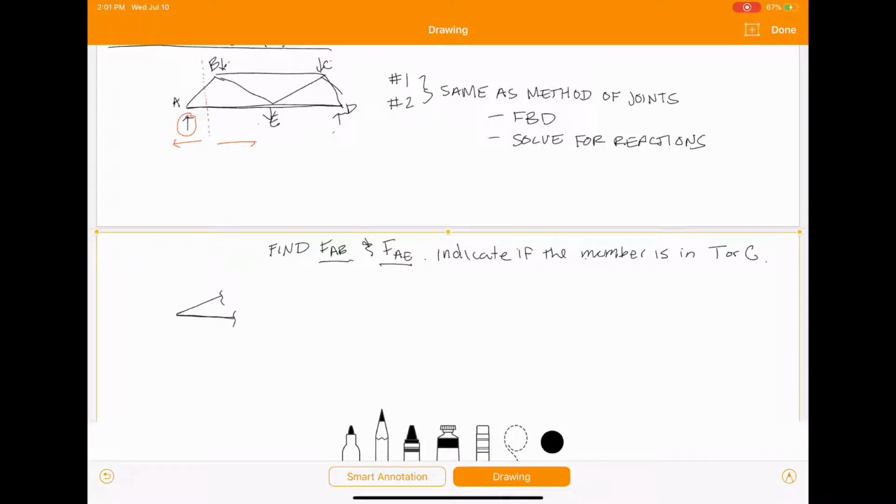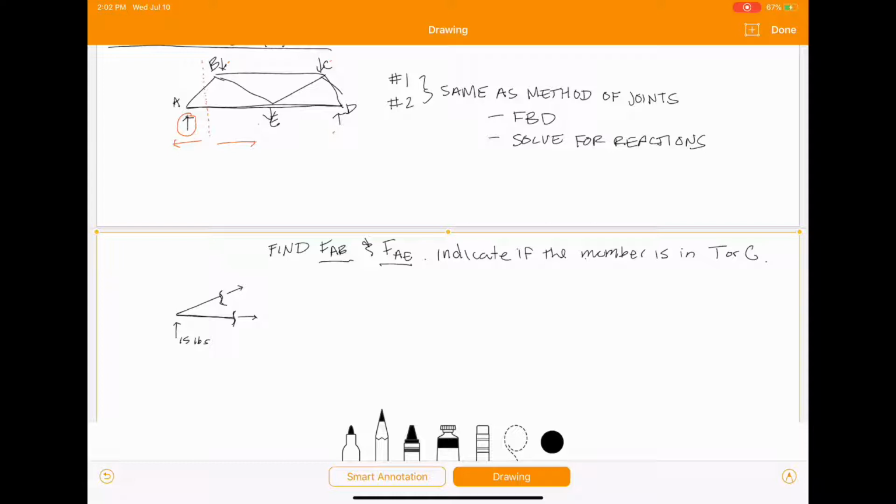Those little squiggly lines indicate that we cut through the truss at that point. And then, of course, our reaction was 15 pounds going up. So once we have that drawn, we can apply our forces from our truss members. And you want to always apply them acting away from your cut.